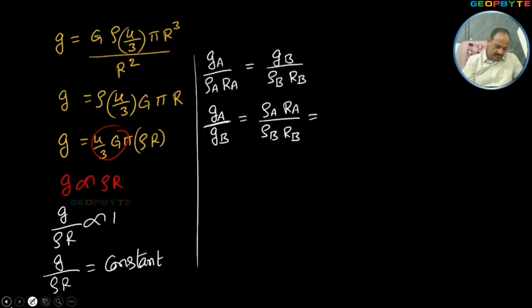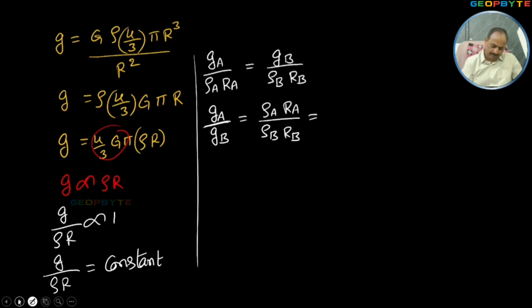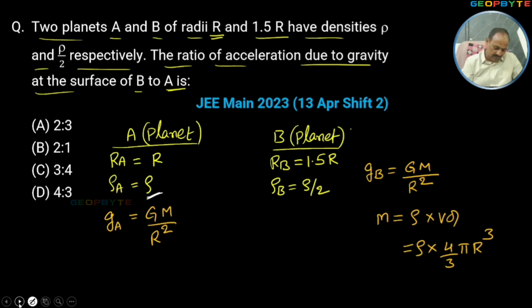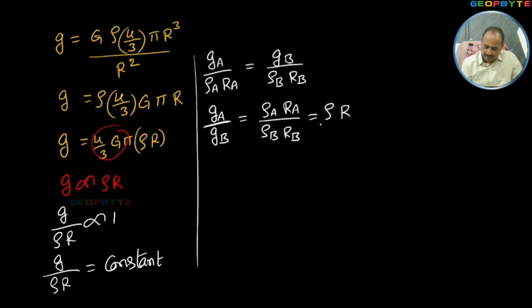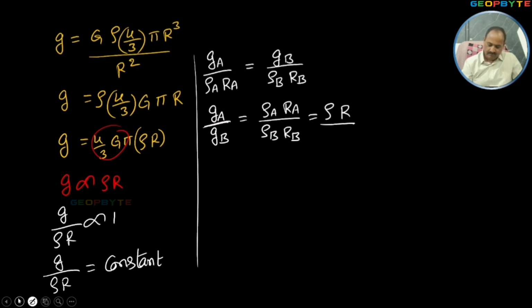The density of planet A is rho, RA is R only, divided by rho B, which equals rho by 2, and RB equals 1.5 R.